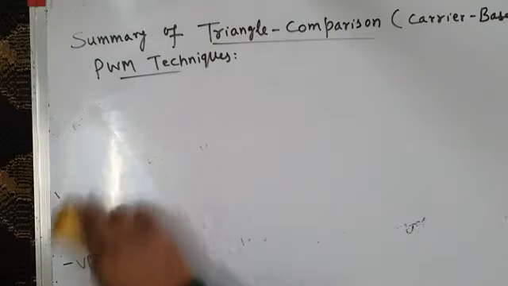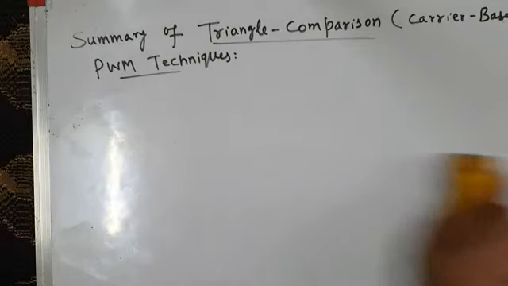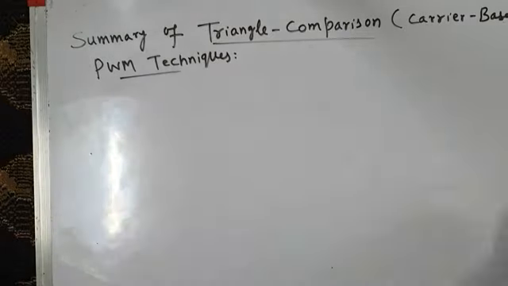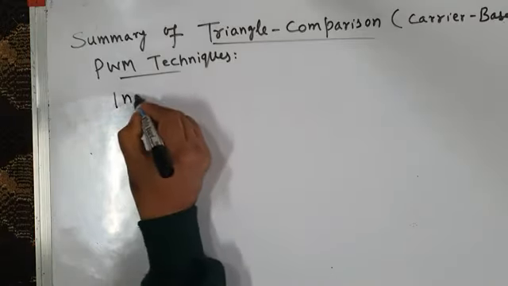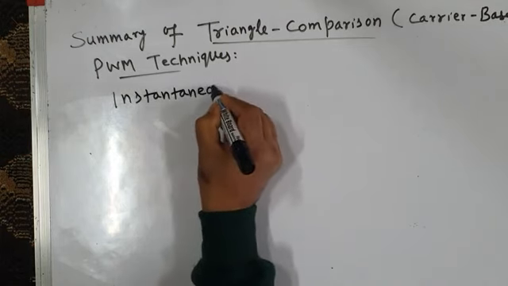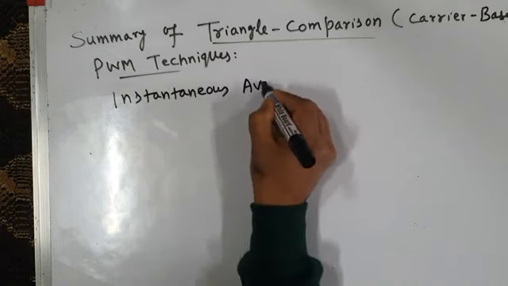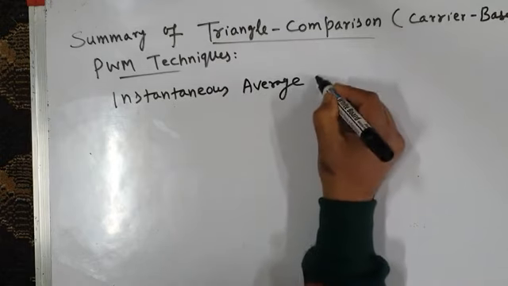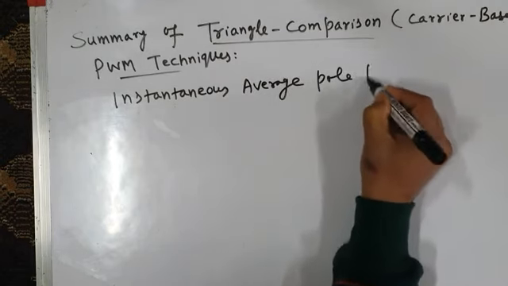Now, since these are our three sinusoidal target reference waves, or sinusoidal modulating waves, let me write the mathematical expressions for instantaneous average pole voltages.